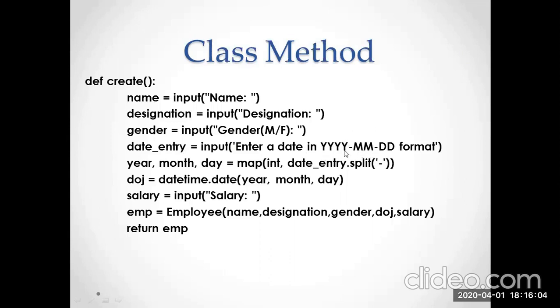So we are asking the user to provide the joining date in YYMMDD format. With the help of map and split, we are going to store this date in year, month and day. In DOJ, with the help of the DateTime module, we are going to store our date.